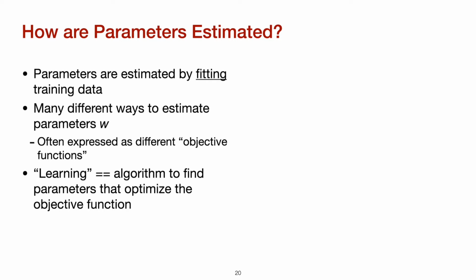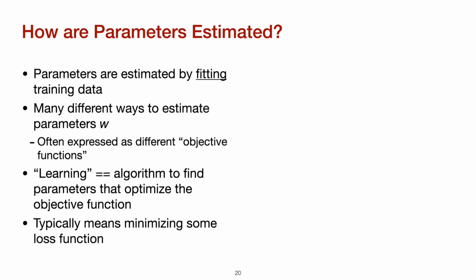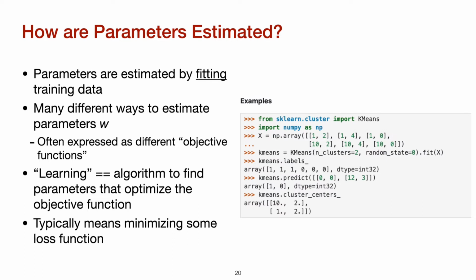As we write this objective function, we can differentiate it, take the derivative of it, try and set it equal to 0 to identify a solution that minimizes some error in our objective function. So typically what we talk about with the model fitting or parameter estimation stage is fitting these parameters such that we minimize some loss function of interest.